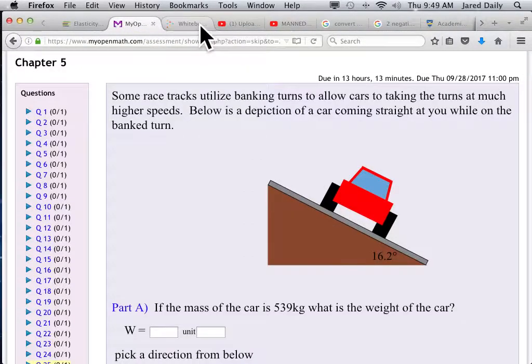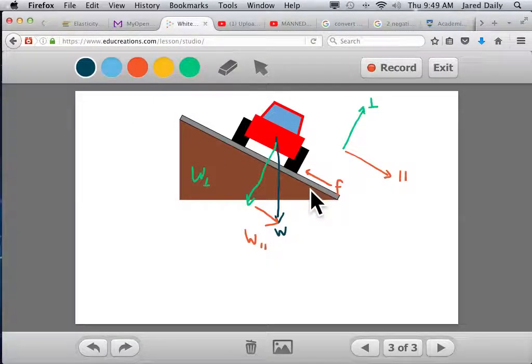Our angle in this problem is 16.2 down here, and that's this angle right here, right? So that means our perpendicular weight is weight times the cosine of theta again, and then our parallel weight is weight times sine theta.